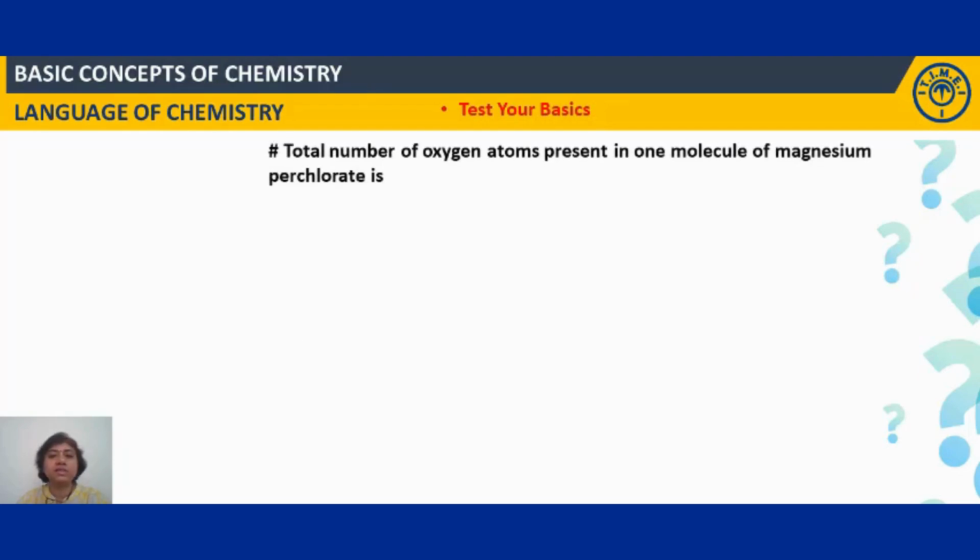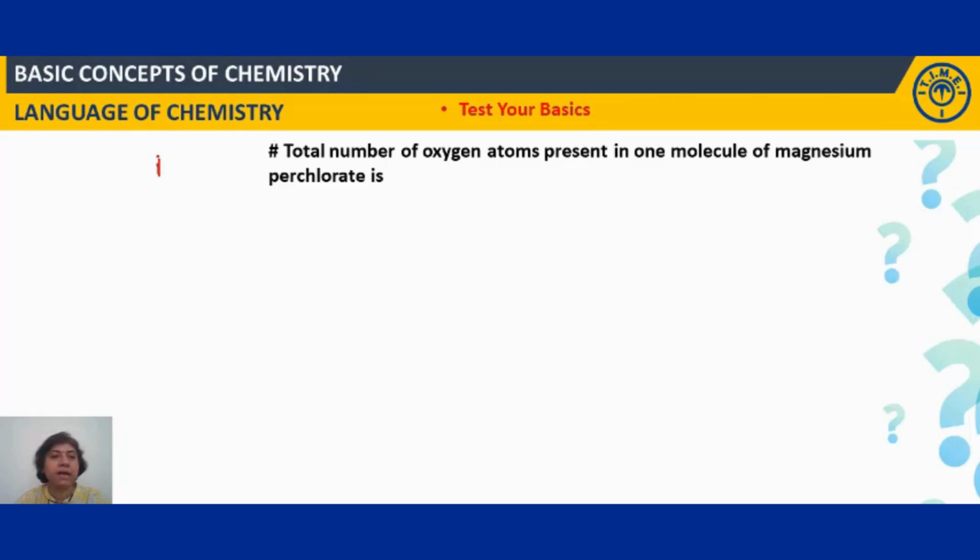Total number of oxygen atoms present in one molecule of magnesium perchlorate. So here also without options, first we will see the formula. For writing the formula, you need to know the positive and the negative valency. So first, what is the positive radical present in it?